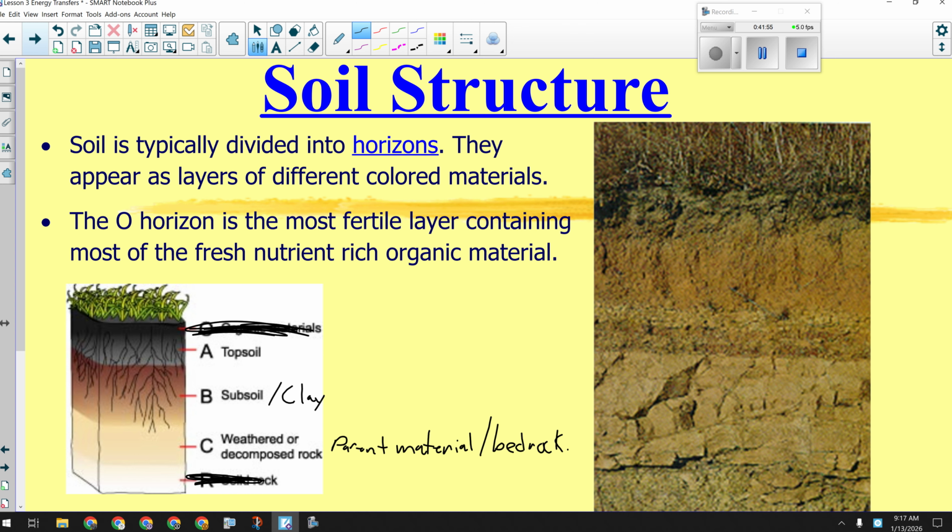The reason for that is clay as a particle is incredibly fine, very, very small. It's actually dust that has fallen on the ground and then been washed down under the topsoil.